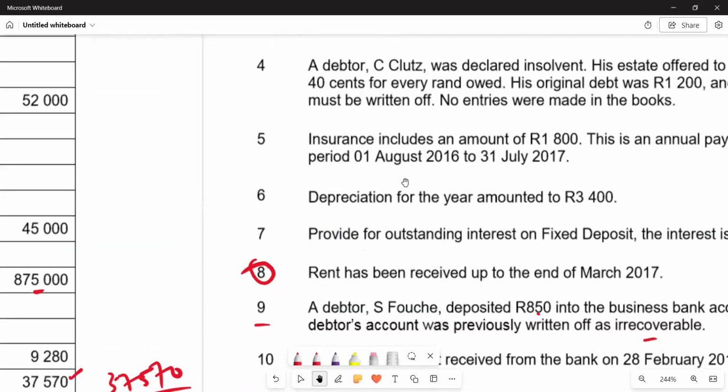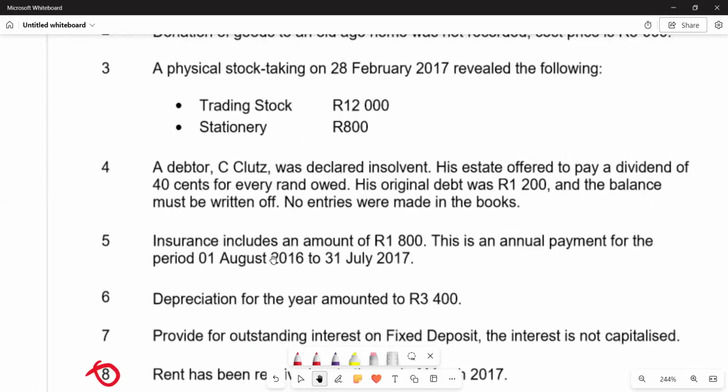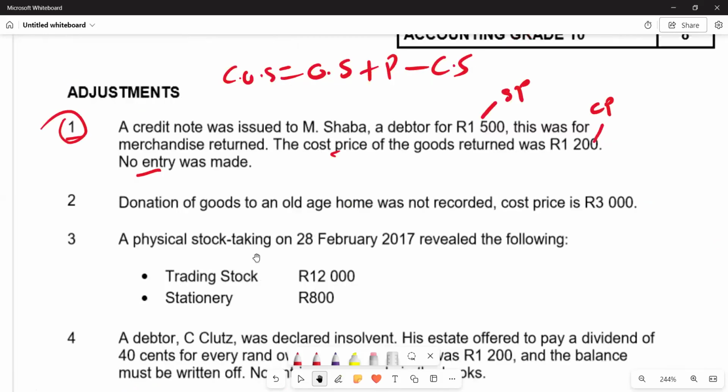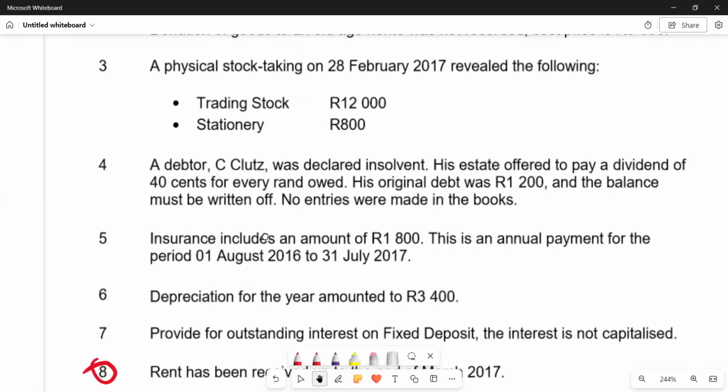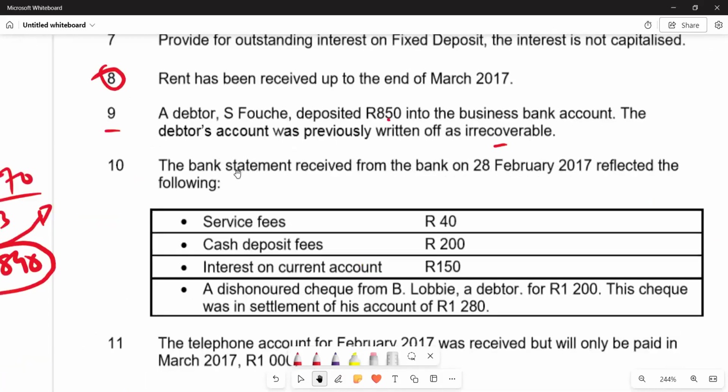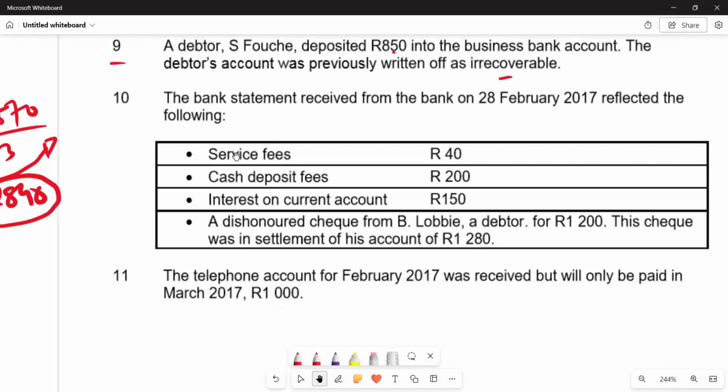So if you go there, we start from the beginning of the question, additional information number 1 going down, checking for that discount allowed. If we've got anything to do with discount allowed, we go to additional information number 10, the last point, a dishonoured check from P-Lobby data for 1,200.